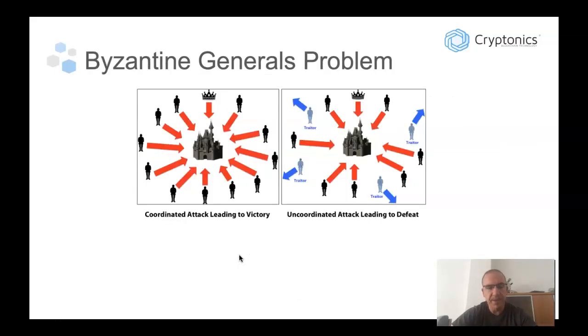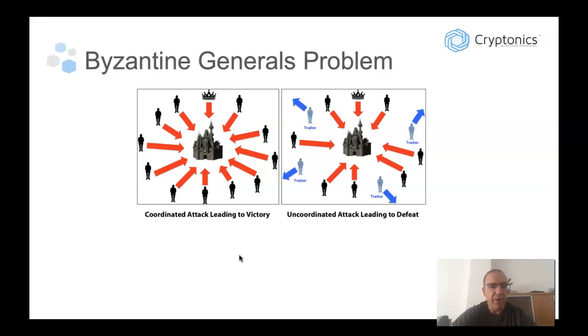And this problem is also known as the Byzantine generals problem, which is a classic problem in computer science. Now I don't want to go into too much detail, but basically this is sort of a metaphor for this problem, in which a number of generals have to come to consensus on whether to attack a city or retreat.